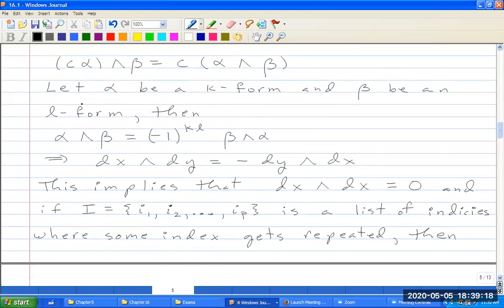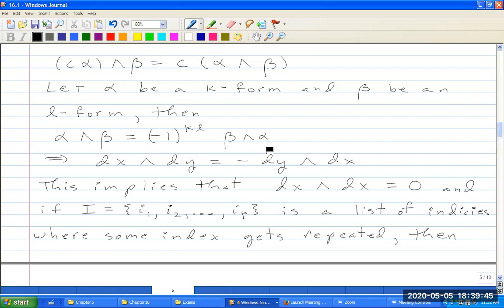Next, let alpha be a k form and beta be an l form. Then alpha wedge beta is (-1) to the power kl times beta wedge alpha. So this says that this product is not commutative.